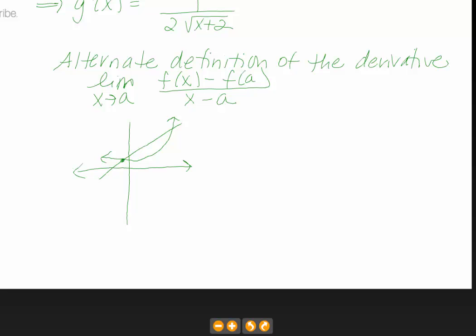I'm going to call this point over here a, and this point here x. So this right here is x, f of x, and this point over here is a, f of a. Now on this point it's negative, but that's okay, we can still call it a. So again, you can see where this idea comes from.